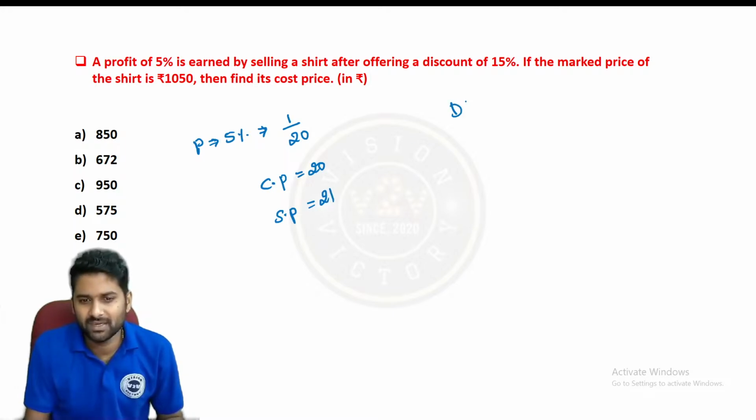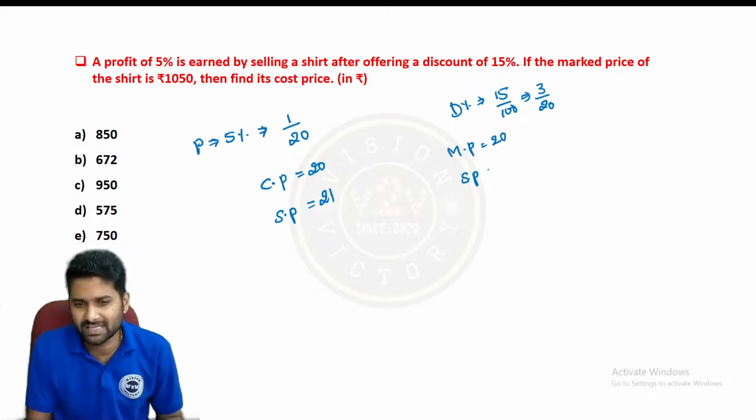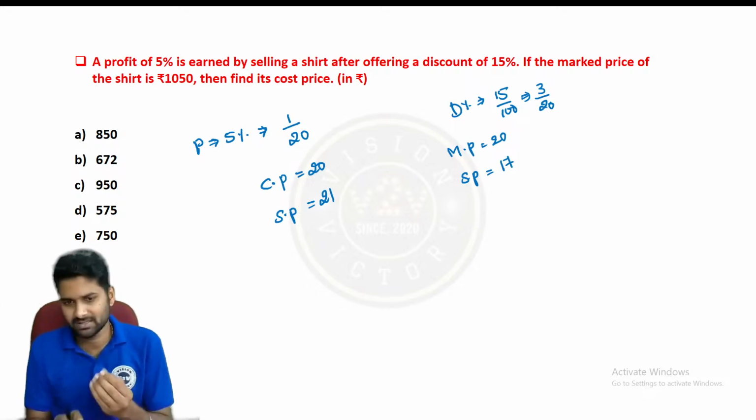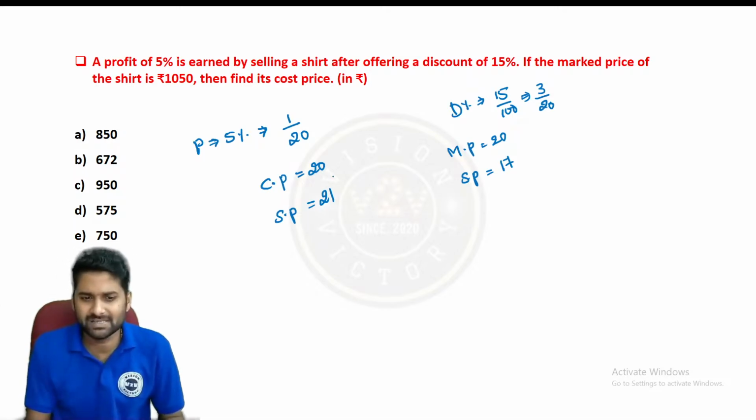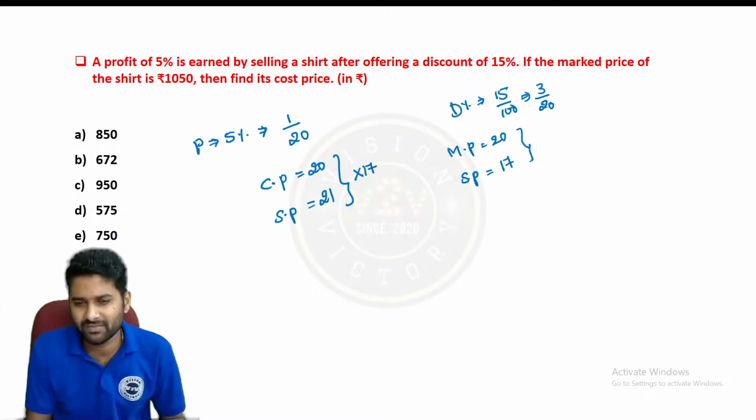In the same way, here discount percentage is 15, 15 by 100, it's all about 3 by 20. If market price is 20 units, now discount is 3, so definitely selling price is exactly equal to 17 units. In these two comparisons, you can observe that selling price is the common one. So how can we equate both the selling prices? You should multiply these numbers with the 17, you should multiply these numbers with the 20.